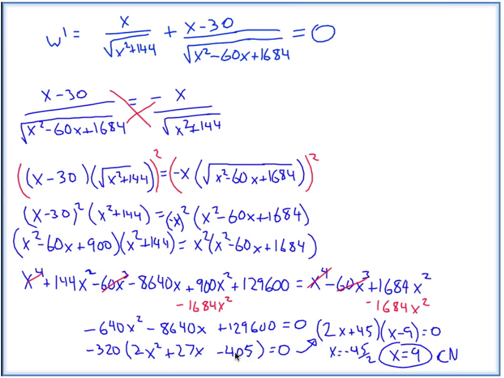And then I factored this guy right here. It was 2x plus 45 times x minus 9. This part gave me negative 45 over 2, which doesn't make sense because we're looking at positive lengths. And this part gave me x equals 9, and so this is my critical number.